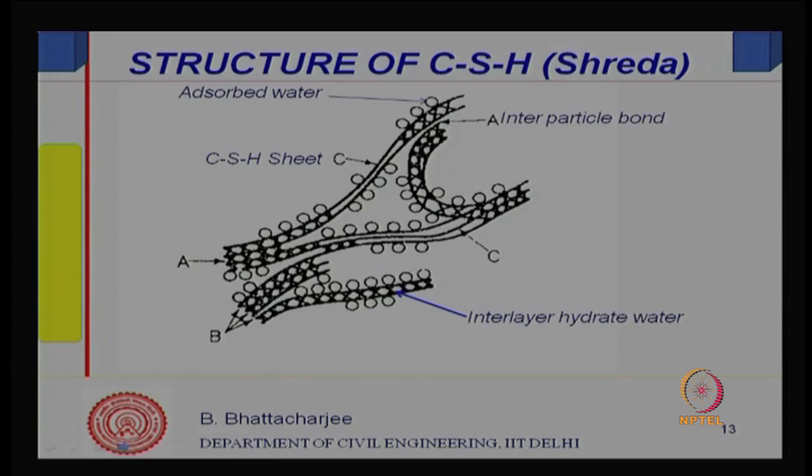There is another model after Feldman and Sereda, and here you can see adsorbed water again at the surface, and these are the sheets. So, CSH sheets are here, the adsorbed water at the surface, the interparticle bond is between this particle and another sheet. So, they are not in exact parallel layers, but in different orientations.